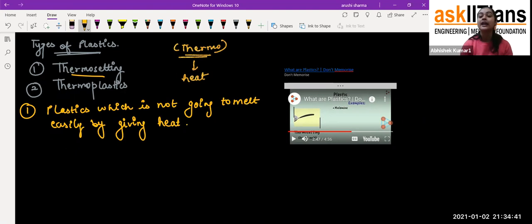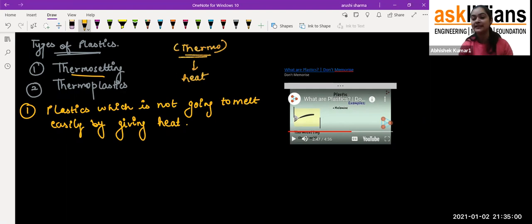If you look around, we have so many things. I gave you the example of our phones: when we use our phones for a long time and they start heating up, even then they do not melt. Have you seen a phone melt after being used for a long time?